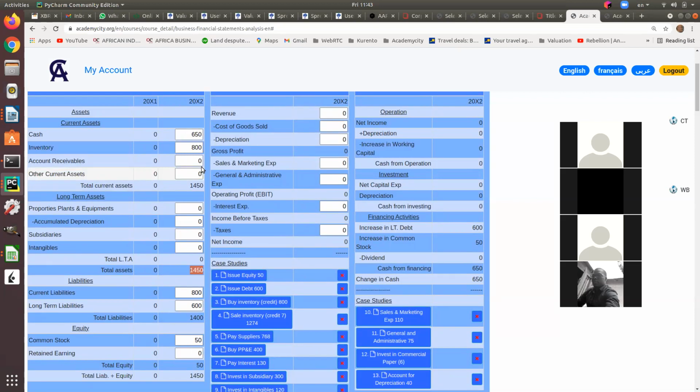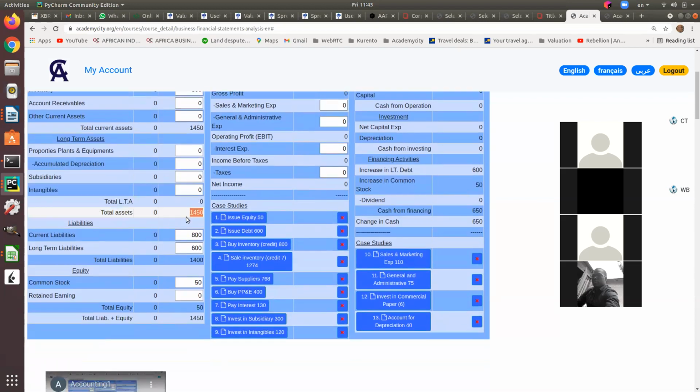And we'll explain one more time what exactly we mean by current assets. And then the total assets equal again total liabilities. Why? We owe the supplier, we owe the bank, 1400 total, and we raised money, 50. So total 1450 equal to the total assets.